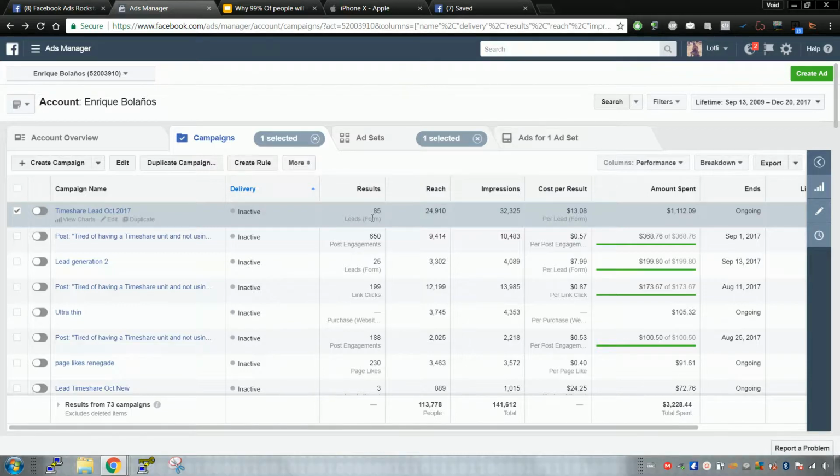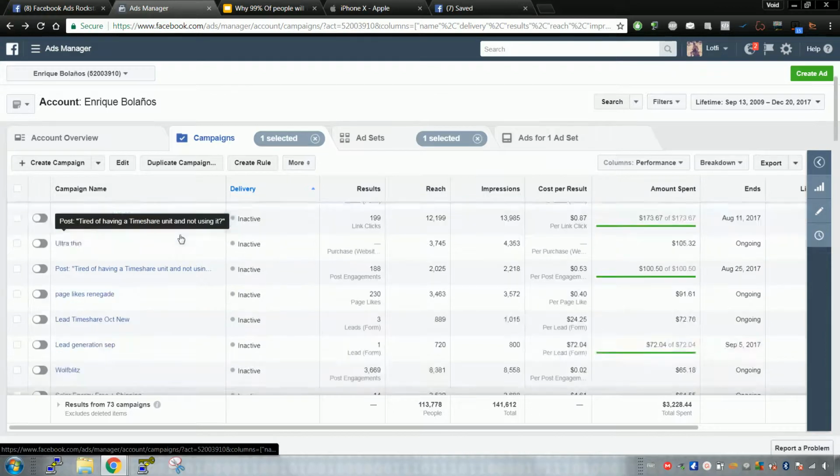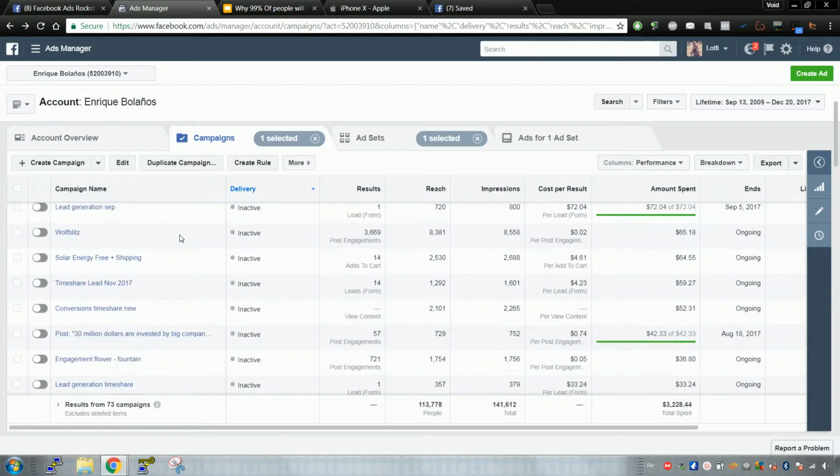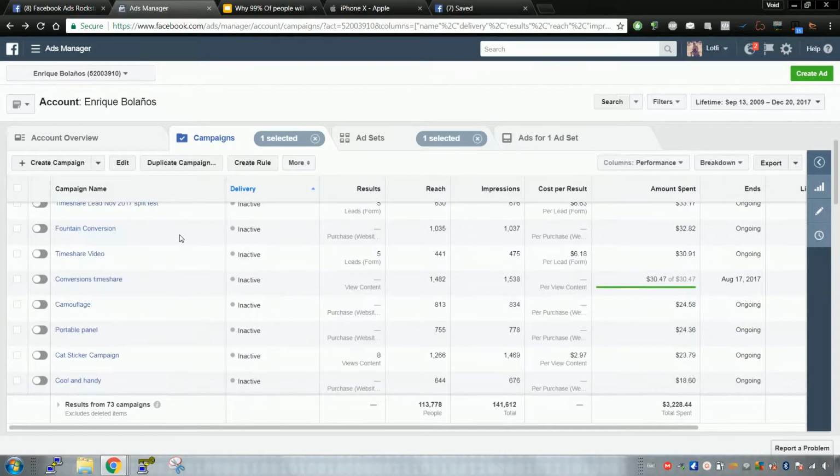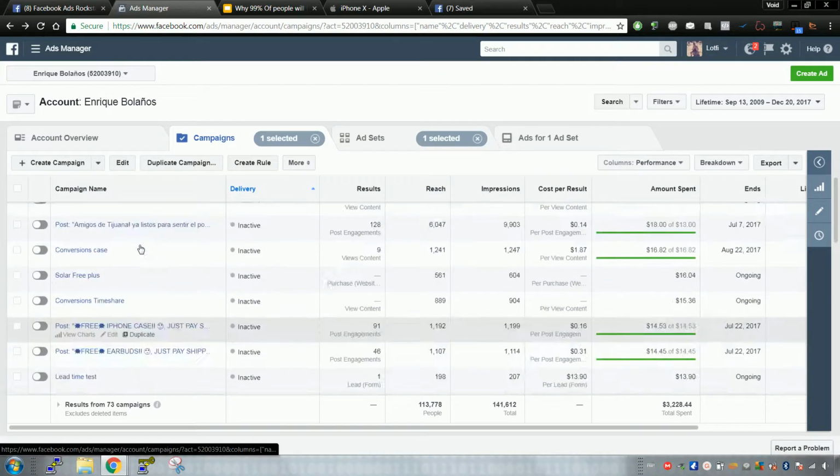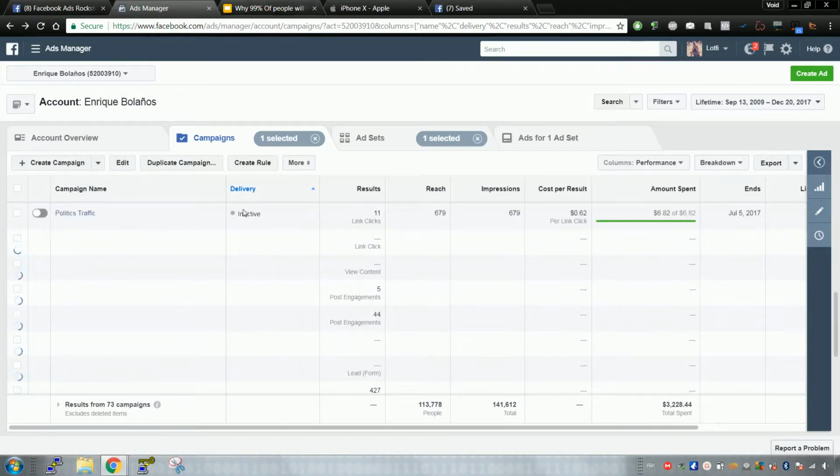If you're selling fidget spinners, you don't need leads. You don't need to go for a lead campaign. You need to go for a conversion campaign, link clicks, or an engagement campaign. And in the same way, you don't want to do a reach or brand awareness campaign to begin with. So you've got to choose the right campaigns when you start out.